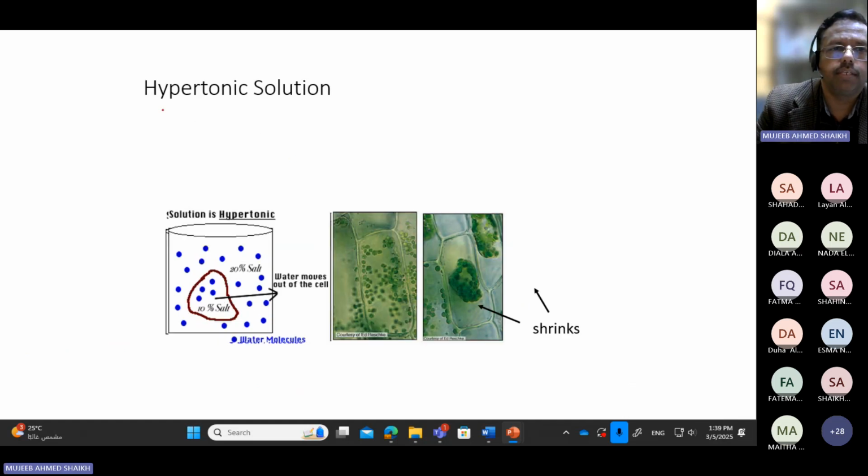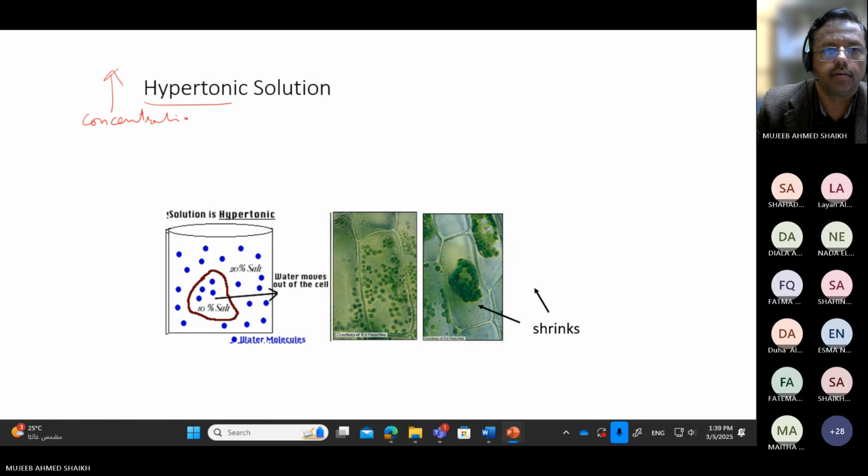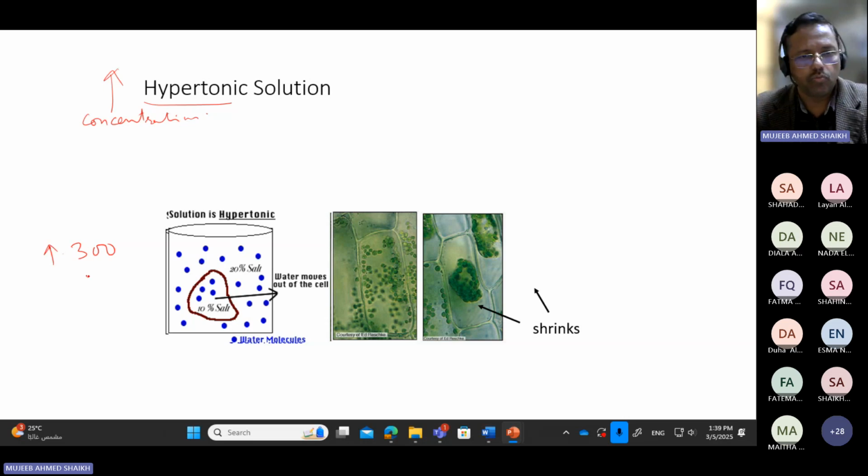What is a hypertonic solution? Hyper means more concentrated, meaning more than 300 milliosmol.